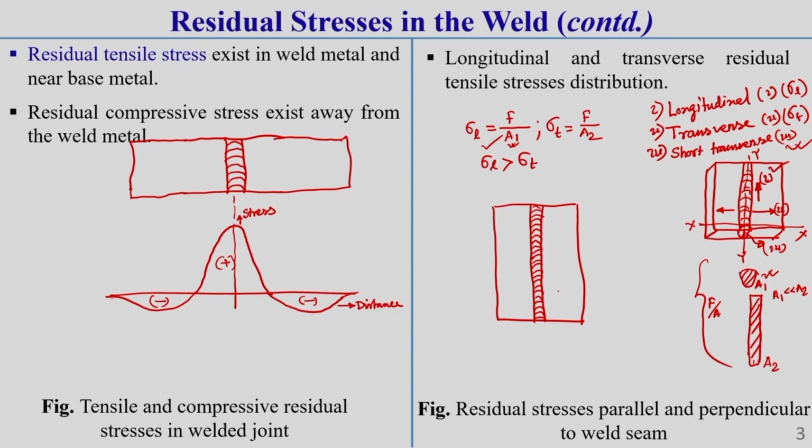Let this axis represent the welding direction, and let this axis represent the y direction. Now, along this y direction, how is this stress distributed? Here I am representing the stress.